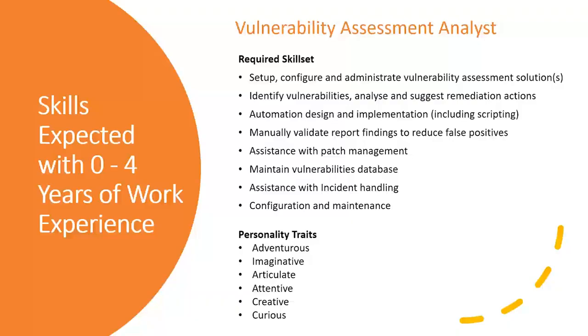The other point is manually validate report findings to reduce false positives. We already spoke about this in item 2, which is that when you identify a vulnerability, you have to perform basic checks to make sure that the vulnerability reported in your dashboard, or by the manual process you're using, actually exists.